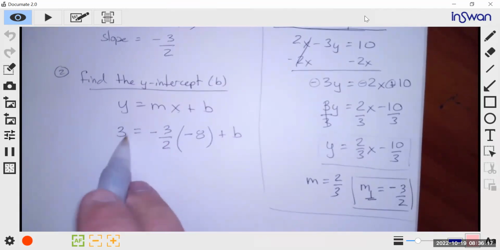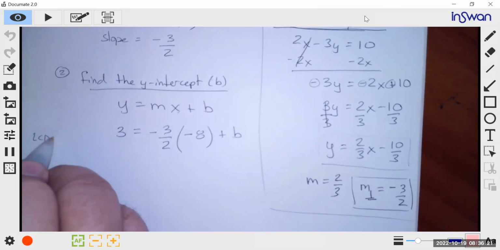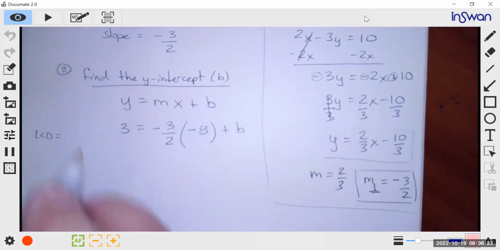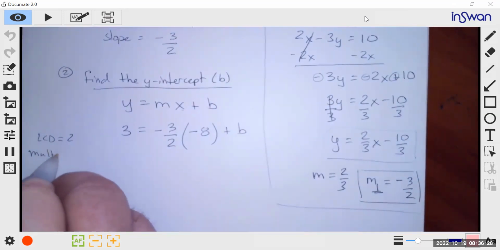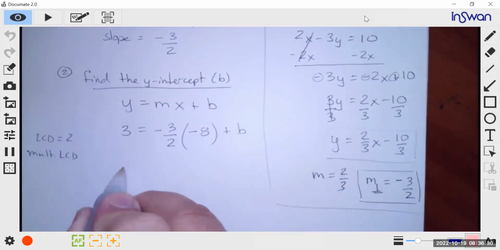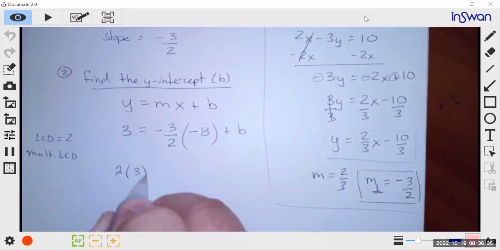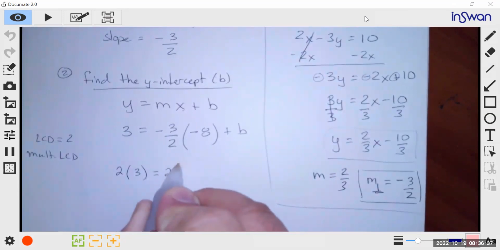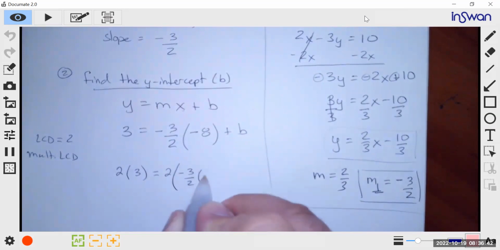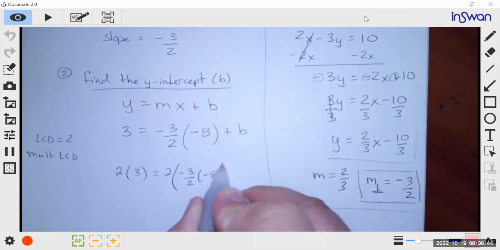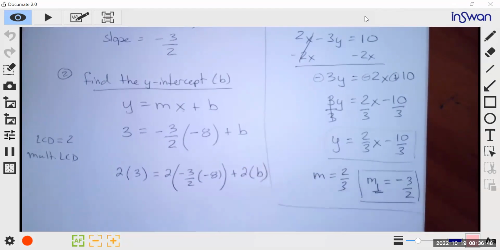We have fractions and an equal sign, so we've got to find the LCD, which is what? 2. It's the only denominator. Multiply the LCD to each term. So 2 times 3, 2 times -3/2 times -8, plus 2 times b.